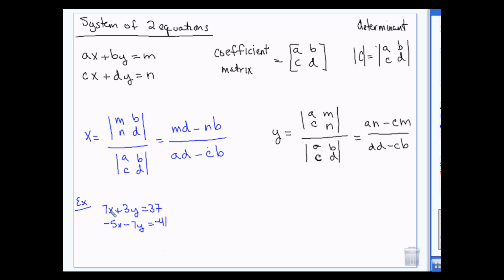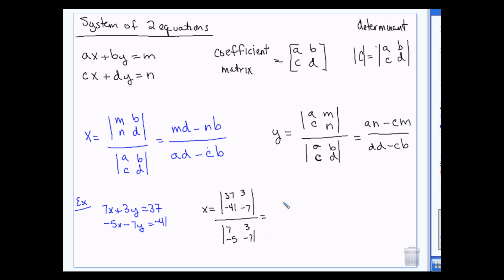Now, the traditional way is we decide, do we get rid of the x's or the y's, we multiply the equations, we cancel things out, plug stuff back in. Well, with Cramer's rule, I do 37, negative 41, 3, negative 7, over 7, negative 5, 3, negative 7.